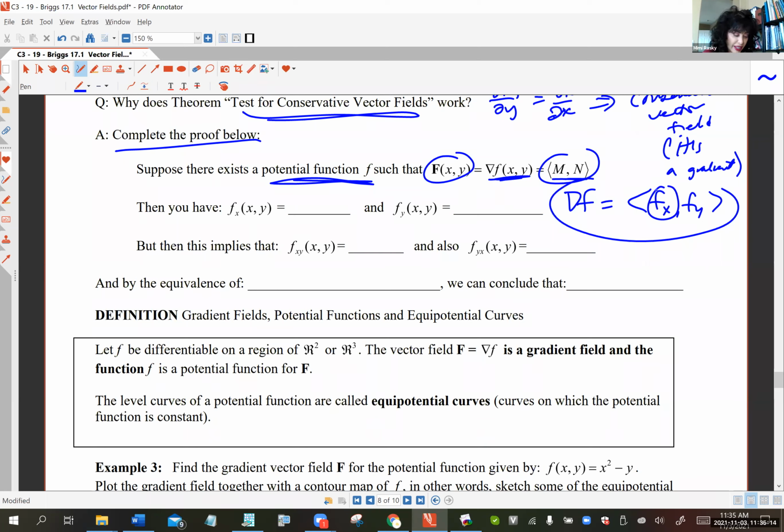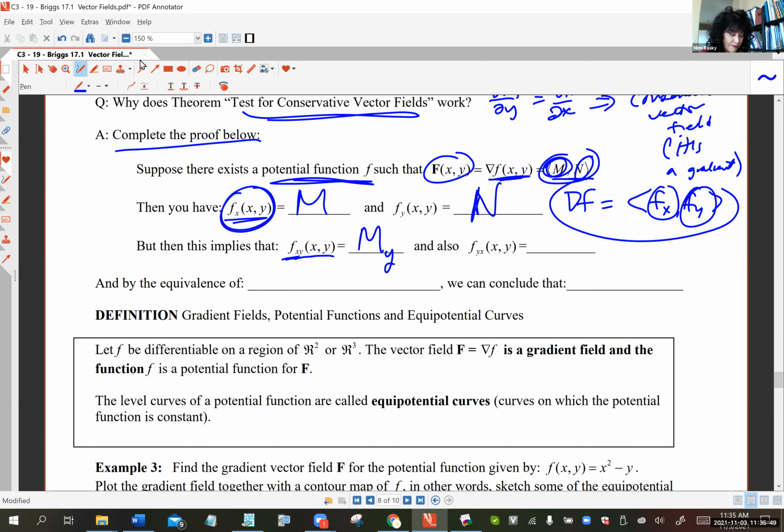So what we're saying is that the f_x has to match whatever that M function is. And we're saying that the f_y had better match what the N function is. Okay, they're equivalent. So what? That doesn't tell us anything. Well, hang on a minute, though. If you take f_xy, which means take f_x and take its partial with respect to y, that will give you M partial with respect to y.